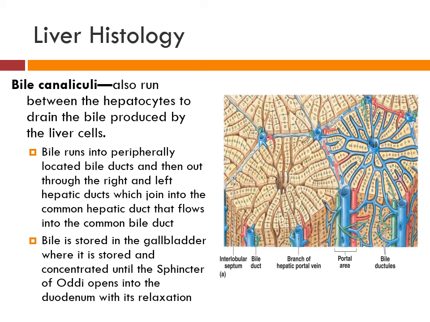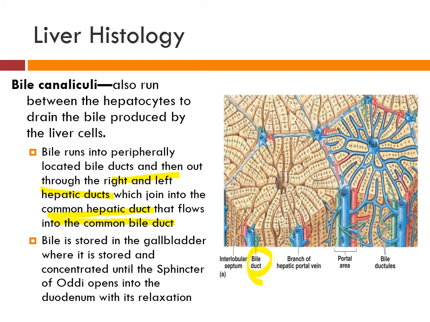So the bile is going to run into peripherally located bile ducts. So you can see a bile duct right here. The bile duct is going to collect the bile, and then they are going to join together into right and left hepatic ducts, and then those are going to join together to form the common hepatic duct, and the common hepatic duct is going to flow into the common bile duct.